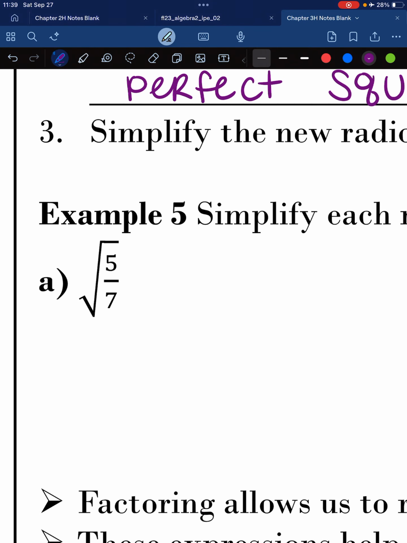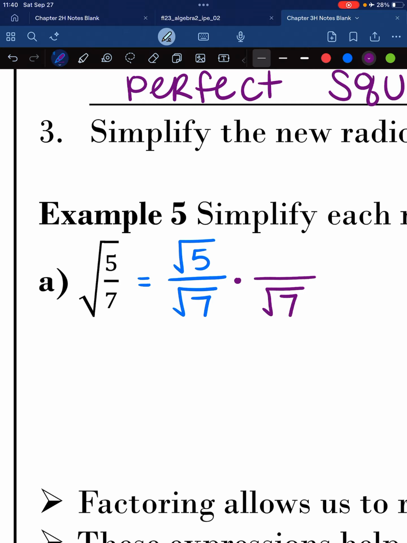So in example A, there's nothing to simplify from the beginning here, okay? But my goal is to be able to rewrite this so that the denominator does not have a square root anymore, or a radical anymore. Okay, so my creative version of 1 is going to be a number that when I multiply it in the denominator, it's going to make that 7 into a perfect square.